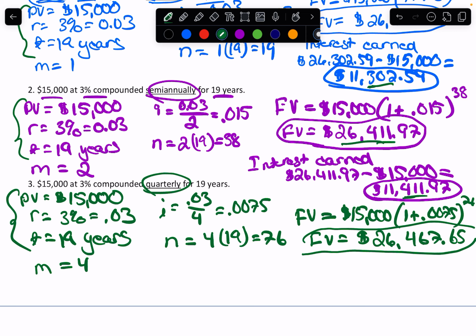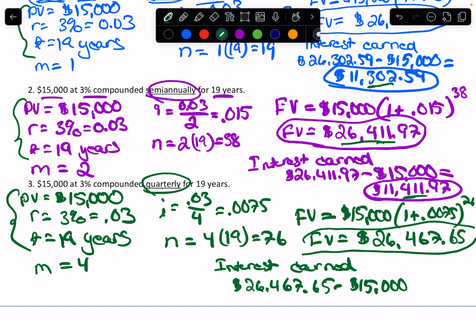Okay, and the interest earned is going to be $26,467.65, and we are subtracting 15,000 from it, so the present value, and our interest is $11,467.65. So we earned more interest again because even though the time was the same, we compounded it more times.